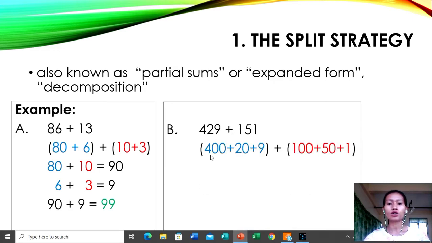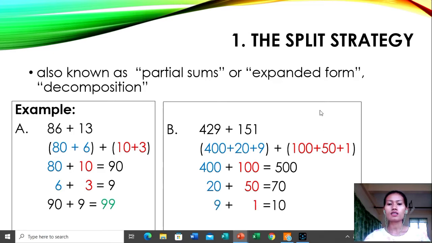We have the 100, the tens, and then the ones place value ng 429, and then the 100, the tens, and then the ones place value ng 151. And then after that, add po muna natin yung mga nasa 100 place value, yung 400 and 100. So 400 plus 100 is equal to 500. And then next, yung mga tens place value naman, yung 20 and 50. So that will result to 70.